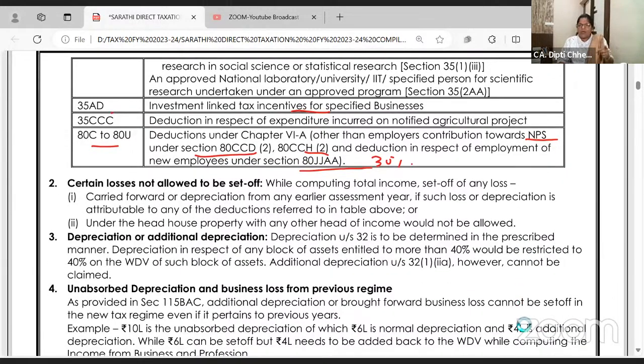You can't carry forward losses related to these deductions if you are filing your return in the default tax regime. Old 35AD loss, if there is any, you cannot set off.